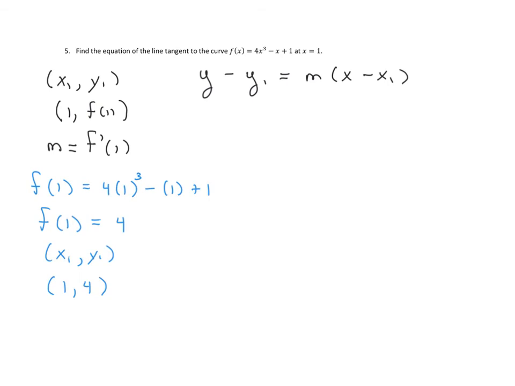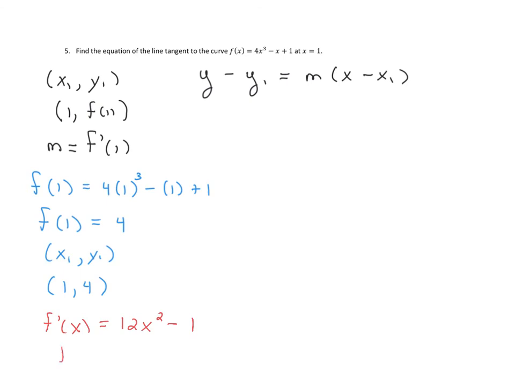Excellent. Now what is the slope of this tangent line? That means we now need to take the derivative of this function. So I need f prime of x, and I'll use that to figure out f prime of 1. f prime of x is equal to 12x squared minus 1.